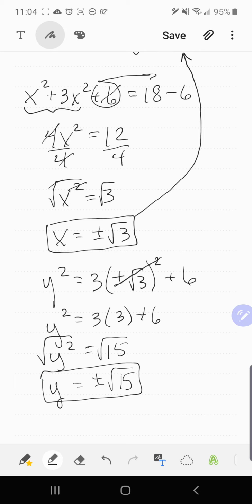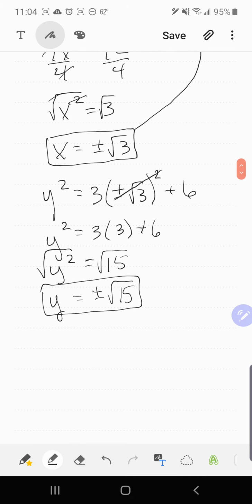Now you need to understand that x can be plus or minus square root of 3, and y can be plus or minus square root of 15. And that's going to lead us to actually 4 ordered pairs. Here they are. It's positive square root of 3, positive square root of 15. That's one combination.